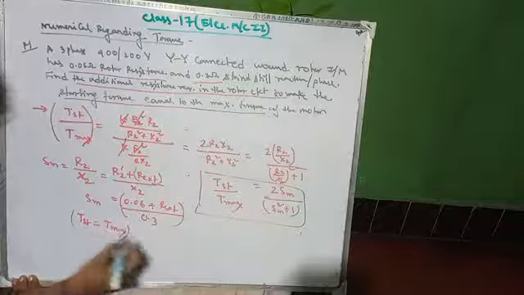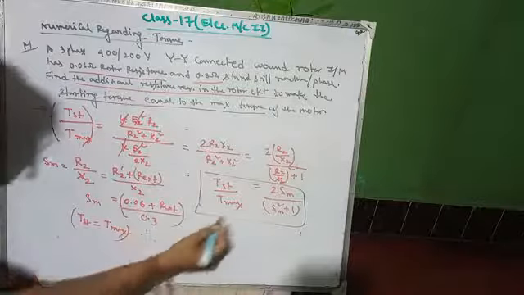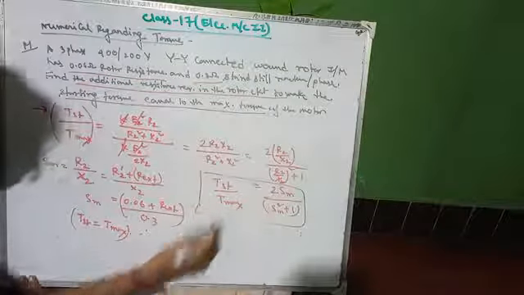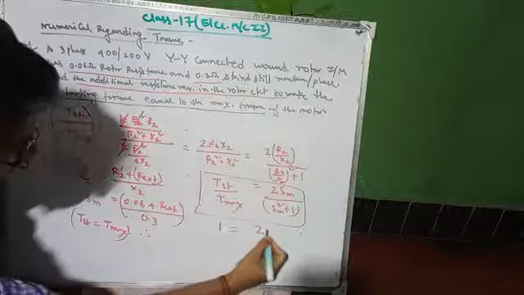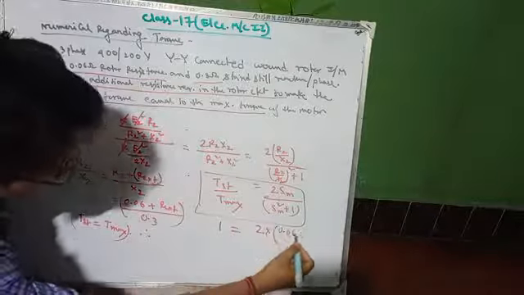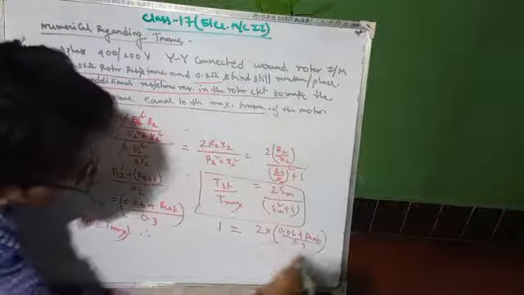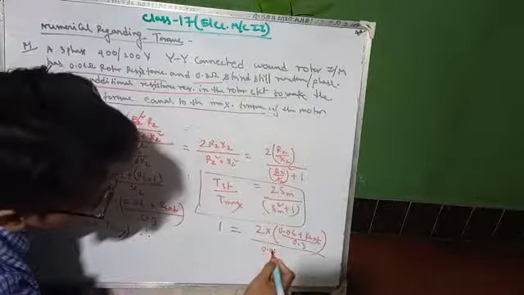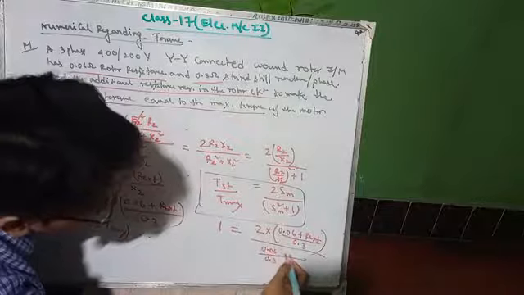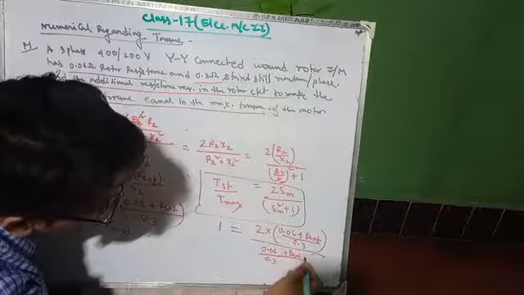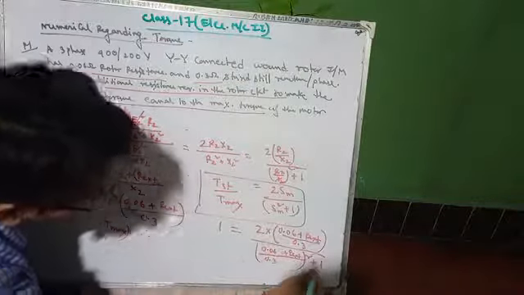It is the required one. Therefore, by putting this relation, 1 equals to 2 into (0.06 plus Rext) by 0.3 divided by ((0.06 plus Rext) by 0.3) whole square plus 1, right?